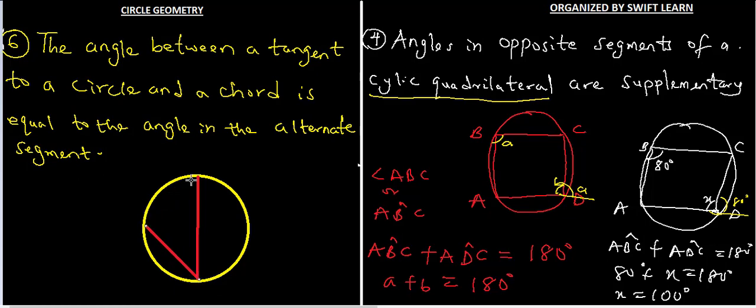So we have another line here. Are you with me? Okay, so we have something like a tangent.